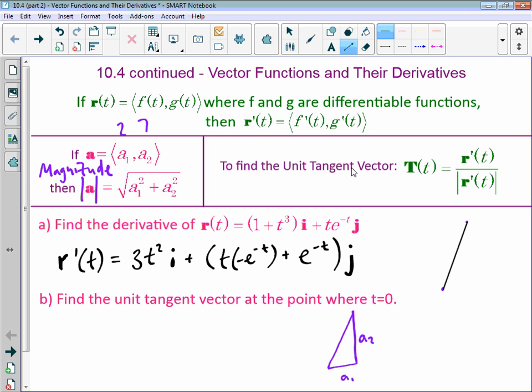So if you notice when we're trying to find the unit tangent vector, you're going to find the magnitude of r prime of t in the denominator, and then you're going to find what r prime of t is for the numerator. So let me erase this stuff here. Okay, so unit tangent vector, let's start by writing, we're talking about when t is 0, so let's find r prime at 0.